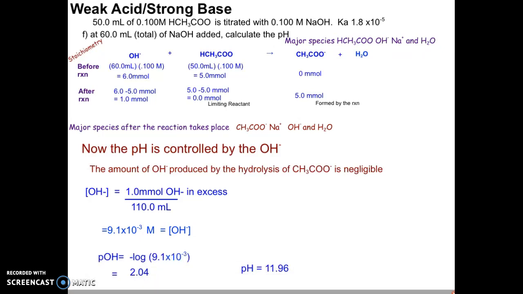When you take the pOH of that, you get a pOH of 2.04, and you would then get a pH of 11.96. So this part of the calculation gets really easy, but it's important that you understand the chemistry going on, that the pH is being controlled by the hydroxide in that part of the titration.